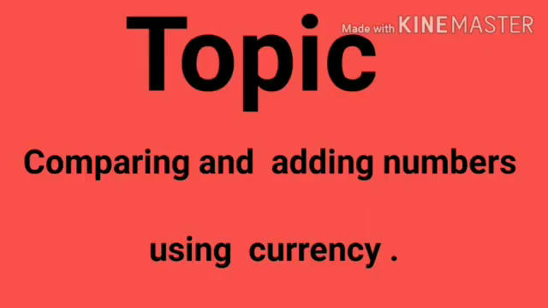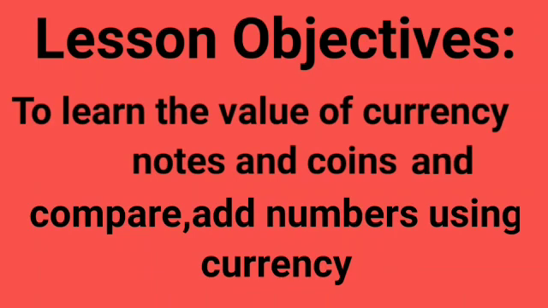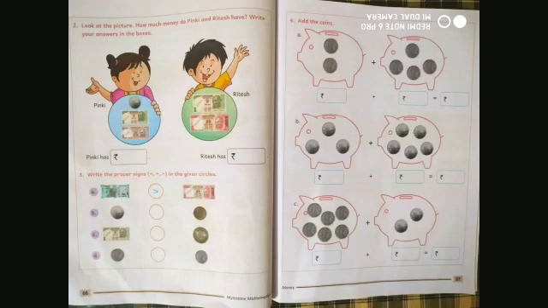So the topic is comparing and adding numbers using currency. The lesson objectives are to learn the value of currency notes and coins, and compare and add numbers using currency notes and coins.